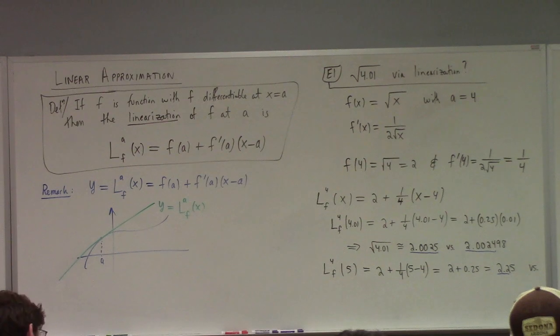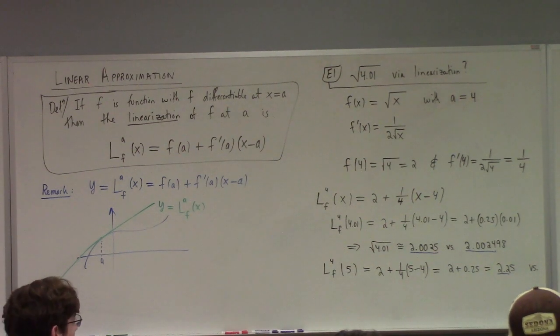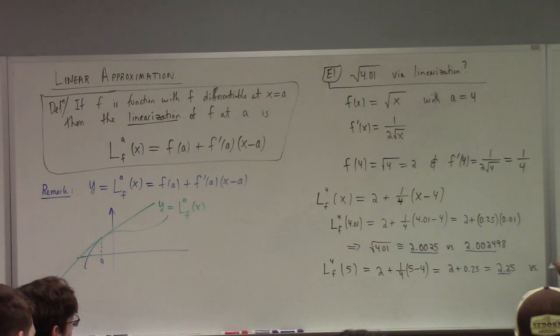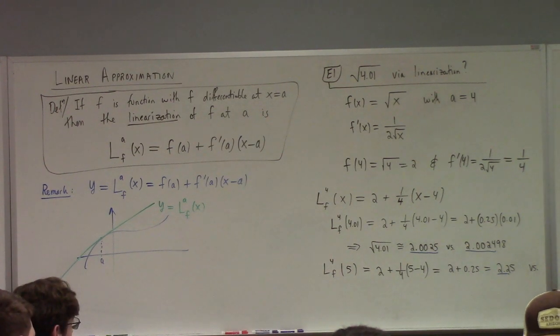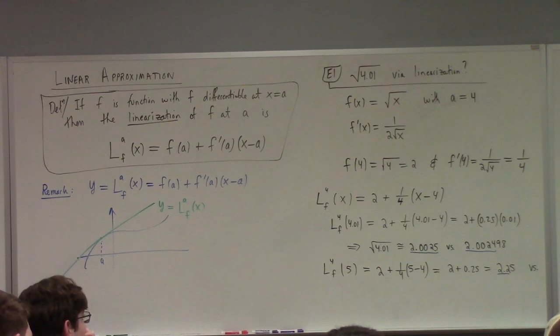So it looks like it's getting worse. Why is this? Let's understand this graphically. What's the graph of the square root function look like? We're getting farther. We're always on the tangent line using the linearization, because that's what it is. If I were to graph this at 4, we're about here, right?